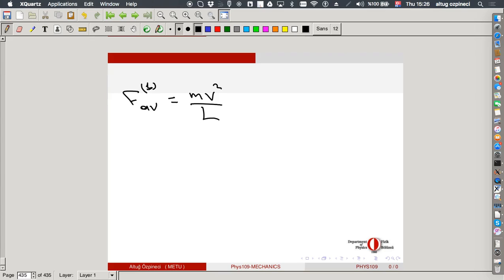Now let's assume that we have n of them. Well, if we have n of them, each one will exert this force on the average. The total force of n of them will be n mv squared over L.